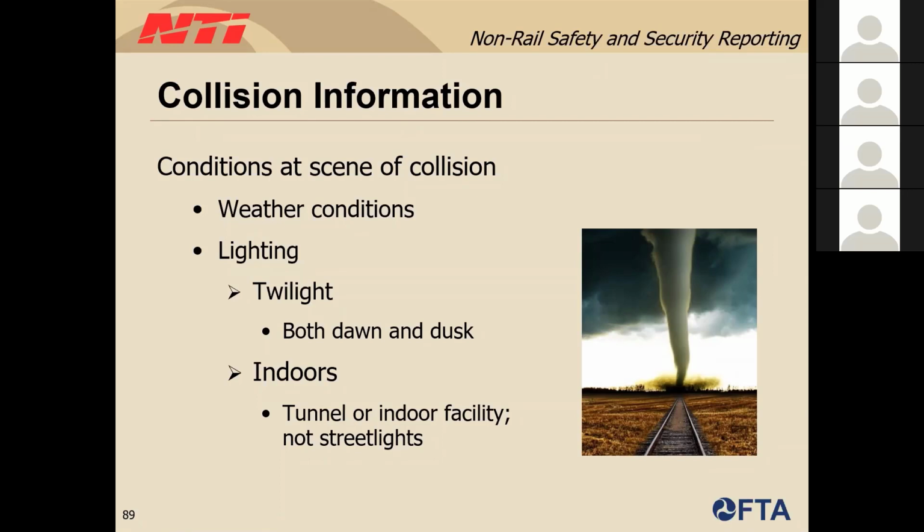The twilight selection is used to refer to both dawn and dusk when it's not full light or full dark out. Please be sure your lighting corroborates the AM/PM time you entered on the basic information screen. Also, indoors is not used to indicate street lights or lights at a station platform.